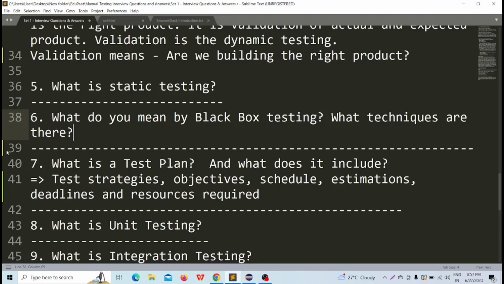Now, what techniques are there? Basically in black box testing, there are 5 techniques we need to follow. One is equivalence partitioning, second is boundary value analysis, third is the decision table technique, fourth is the state transition technique, and fifth is the error guessing technique.